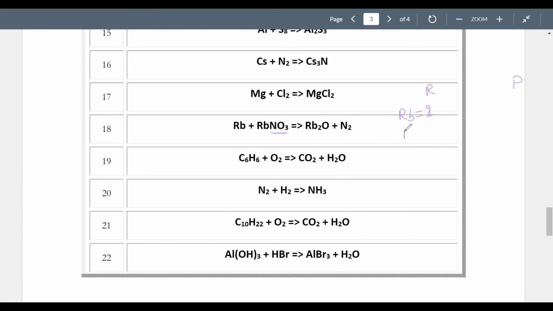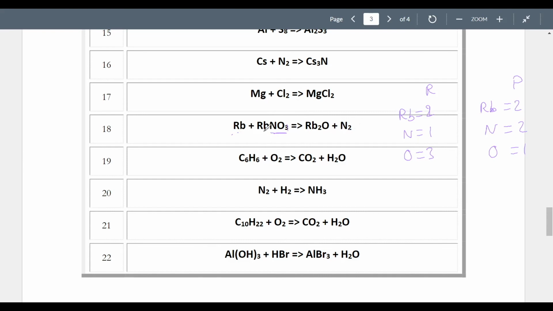We're going to separate those atoms: 1 atom of nitrogen and 3 atoms of oxygen. On the product side, we have 2 atoms of rubidium, 2 nitrogen atoms, and 1 oxygen atom. We're going to first fix these. These 2 are in free form, so we're going to do them at the end.